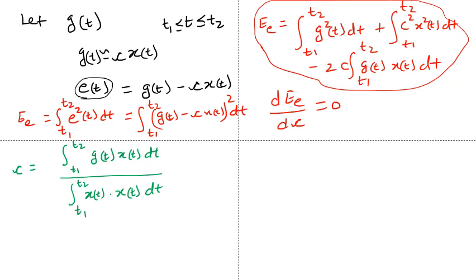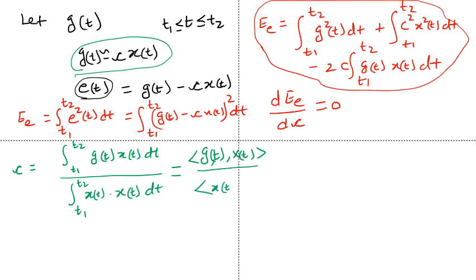If you are minimizing the error, it means your approximation is better. In this expression of c, the numerator is the inner product between the two signals, g(t) comma x(t), and the denominator is the inner product of the signal with itself, x(t) comma x(t). Just remember the analogy which we discussed for the case of two vectors, where we represented g in terms of x.